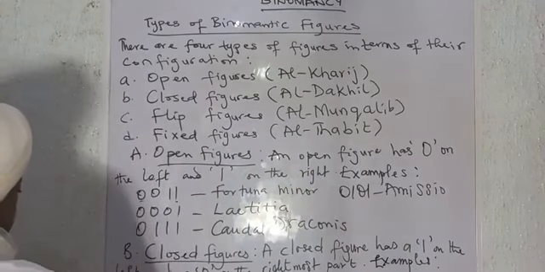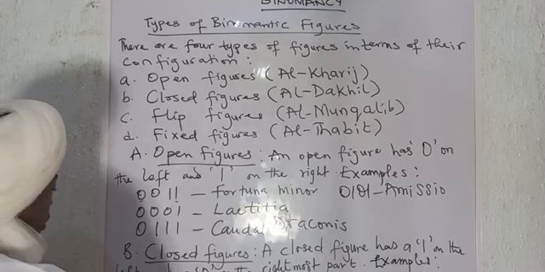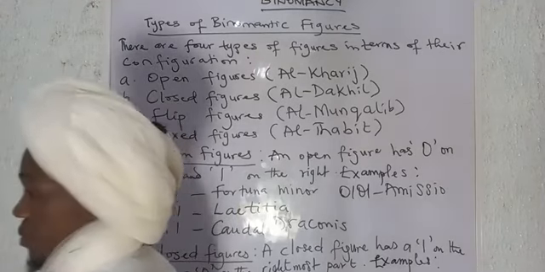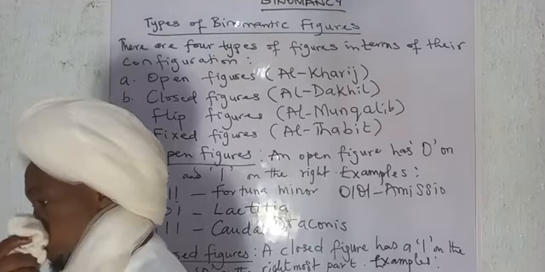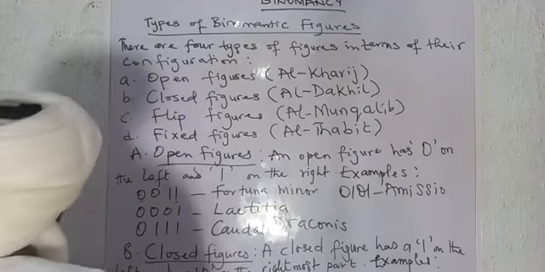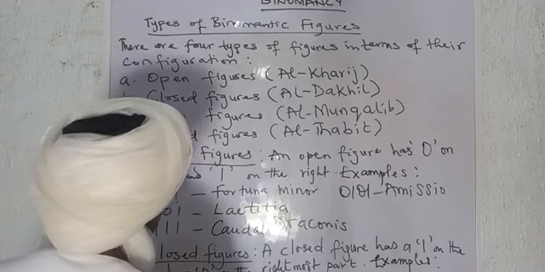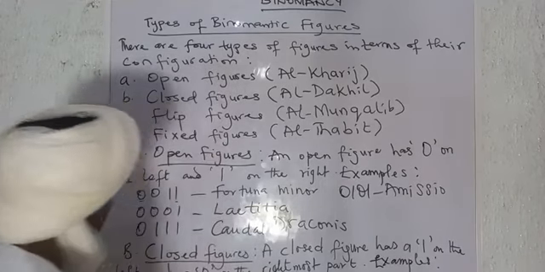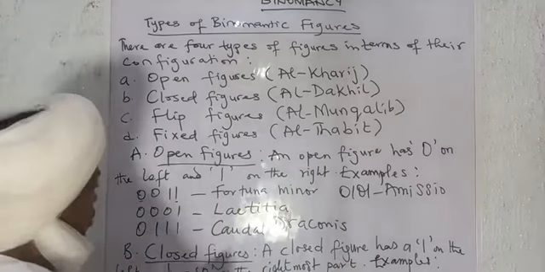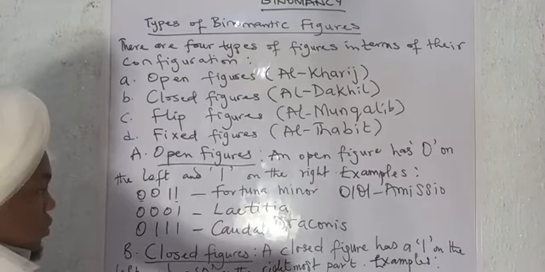We have 1110. What's the name in Latin? Caput Draconis. Look at it. 1 on the left, 0 on the rightmost part.